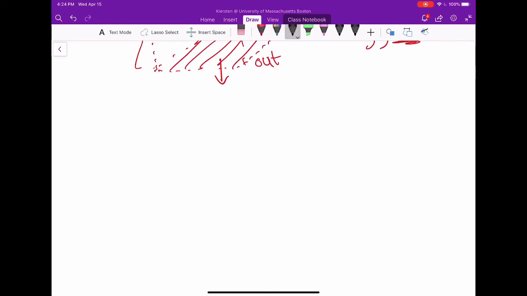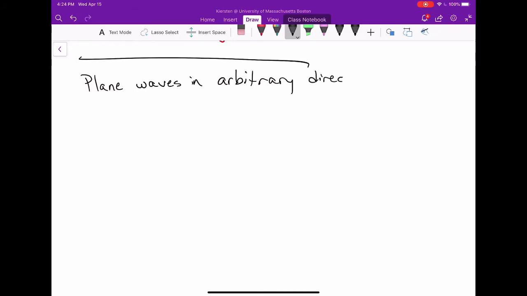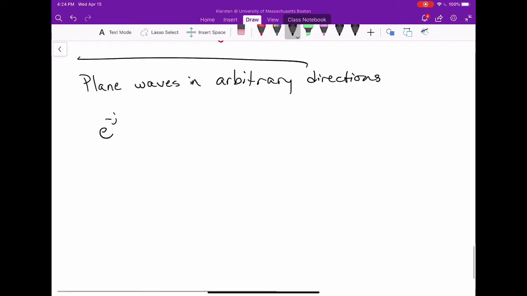The next thing we're going to do is talk about plane waves in arbitrary directions. So far we've talked a lot about plane waves that have phase dependence that looks like e to the minus j beta z, or e to the minus jkx, or e to the jky.